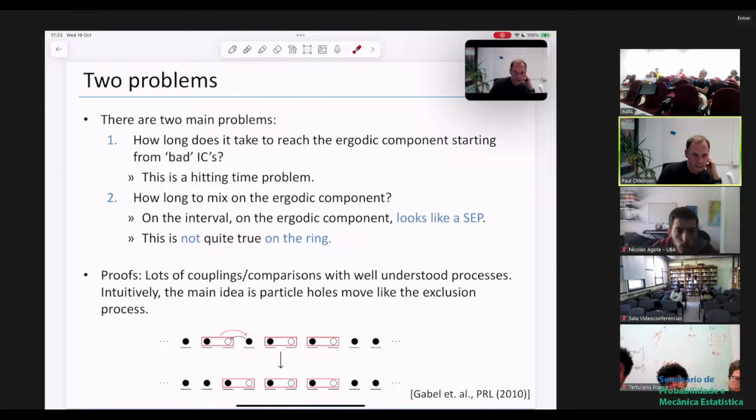Okay, so maybe you just have to stare at this picture for a little while to spot that you can't create or annihilate these dimers once you're on the ergodic component, and the dimers themselves move according to an exclusion process, but an exclusion process where the particles are now of size 2.